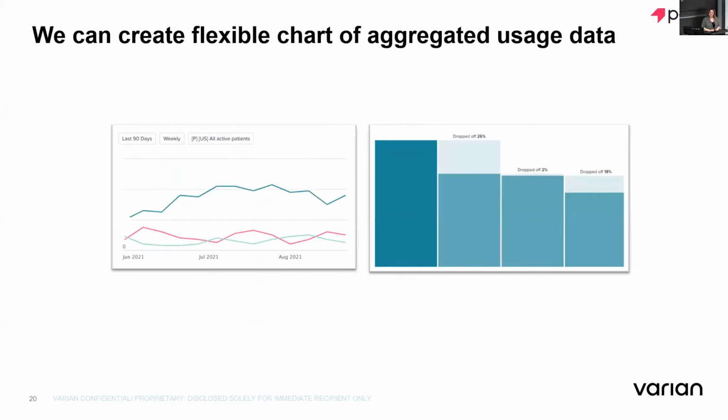All right. The first very straightforward thing is that we are able to create flexible charts of aggregated usage data ourselves. We are able to follow how much a feature is used by patients and build funnels of our different user flows, such as a patient answering a questionnaire in Nuna: where are the patients dropping off this funnel?